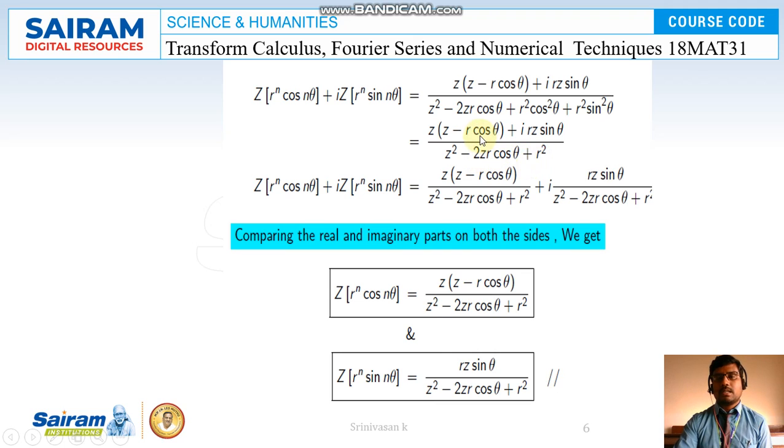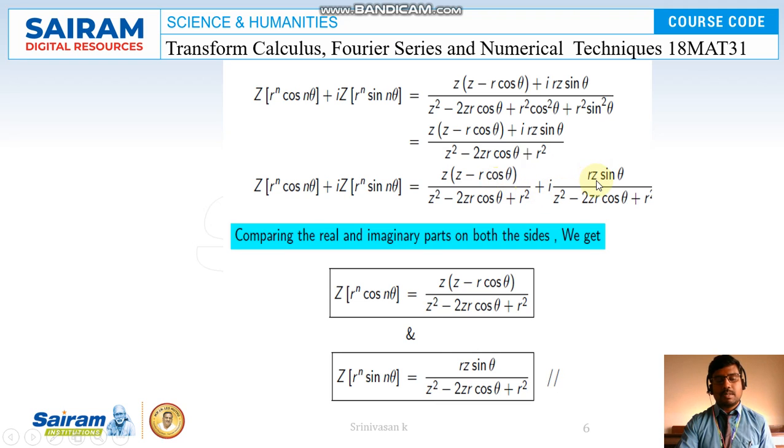Now I compare the imaginary part and real part. What is here the real part? z(z minus r cos theta) divided by z square minus 2 z r cos theta plus r square. And the imaginary part is r z sin theta divided by z square minus 2 z r cos theta plus r square. So this is the real part.